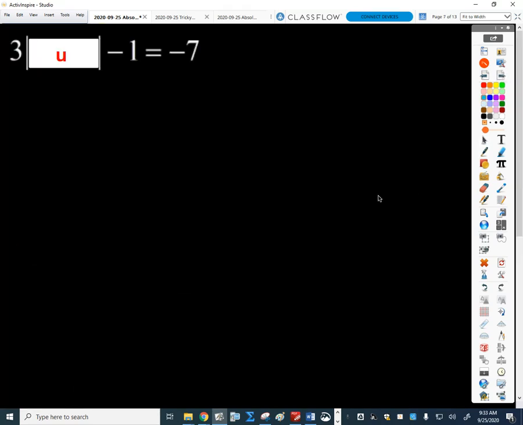Okay, one more of these type. So what about this one now? I've got this absolute value. Would everybody agree here? I won't pick on anybody for this example. I'm trying to isolate the absolute value. So would everybody agree that I'm going to have to add 1 to both sides to get the absolute value by itself? That's going to give me 3 times my absolute value equals negative 6.